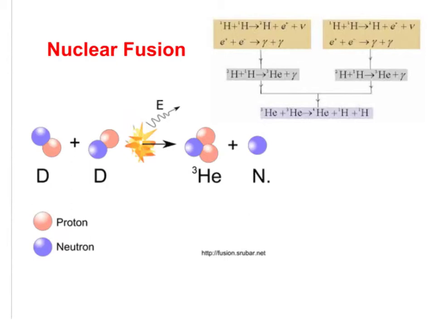We don't know exactly how this works. One possible scheme for this process is just shown right here in these reactions. This just stands for neutrinos. We're not really looking at those right now, but again, it is a series of events that ultimately leads to the formation of helium nuclides and a lot of energy.